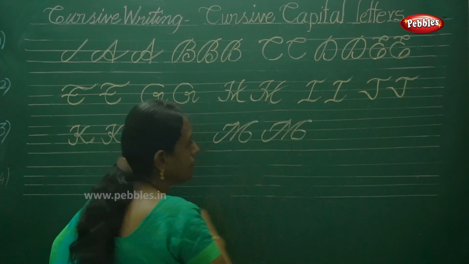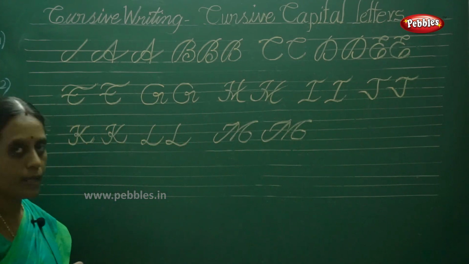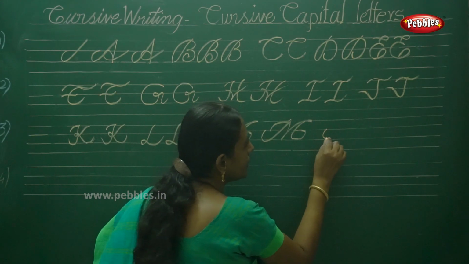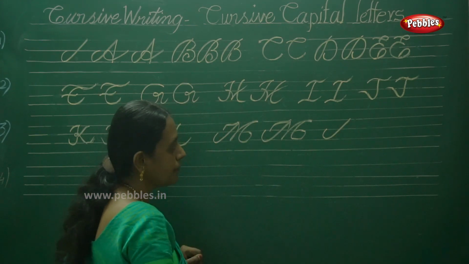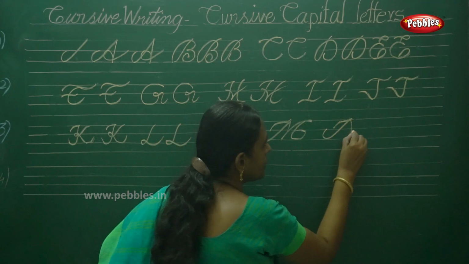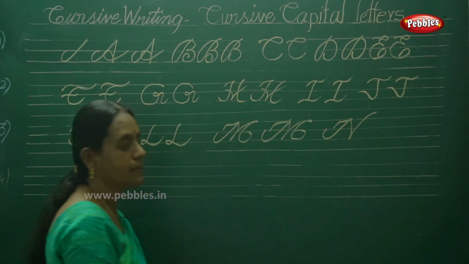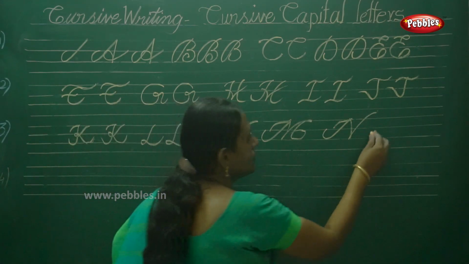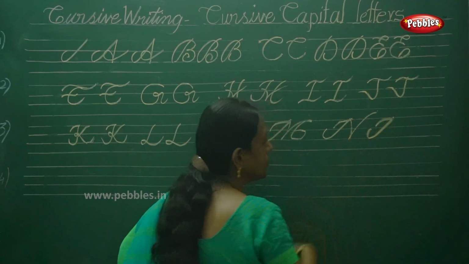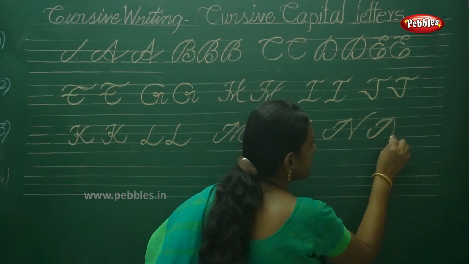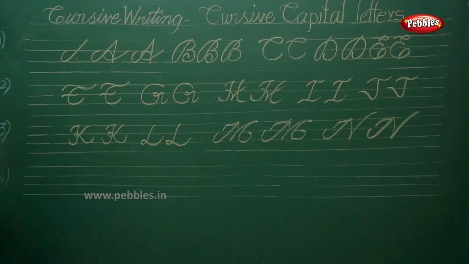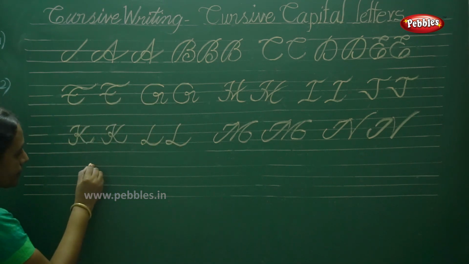Same as that, you have to write N. Same thing, this one N, M, N. 1, second step 2 and 3. Cursive N.